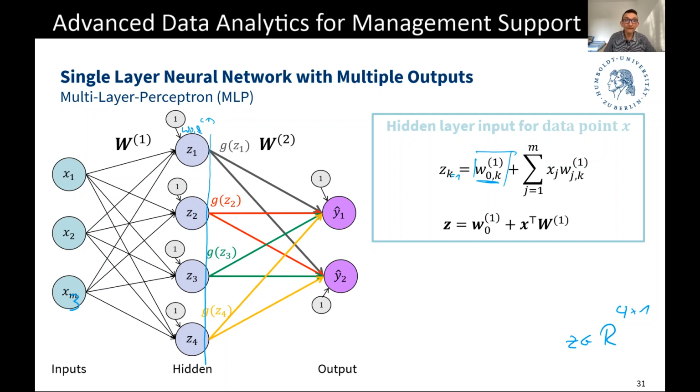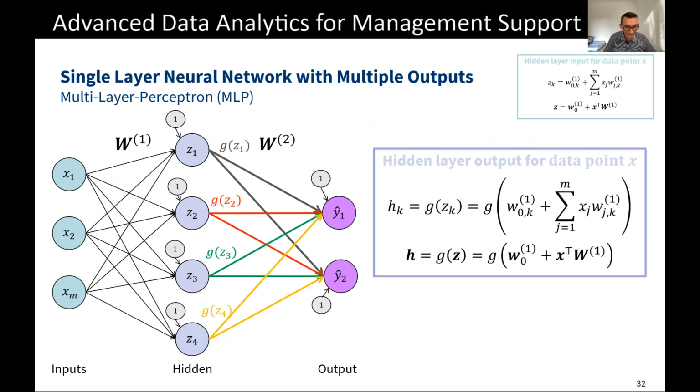And the next step will be, indeed, now we want to add some nonlinearity. Now we would apply these activation functions. So in the next step, we take what we just had and put that through our function g. So g is a function that we apply to our hidden layer vector z.